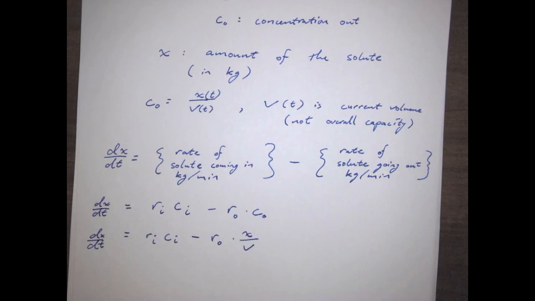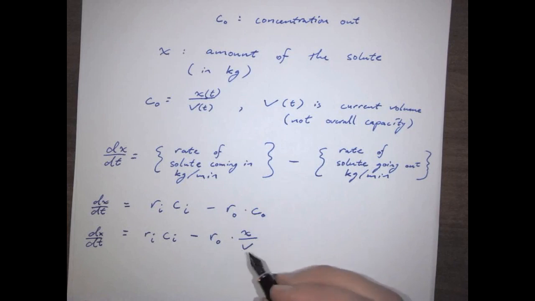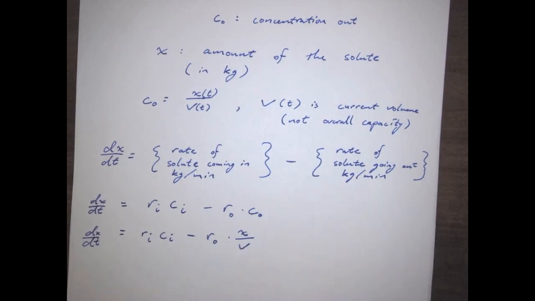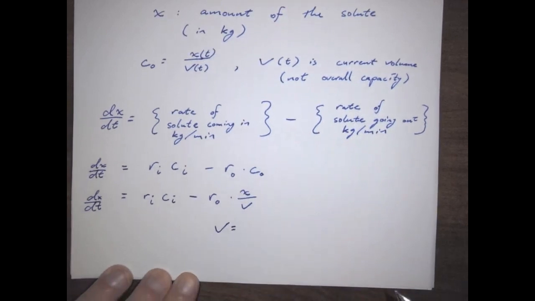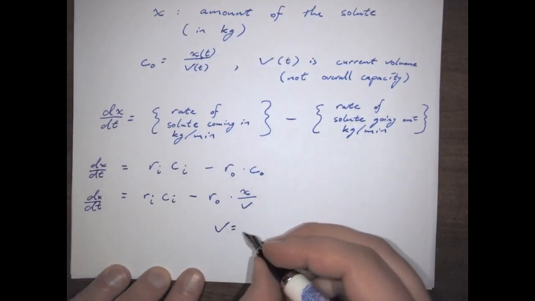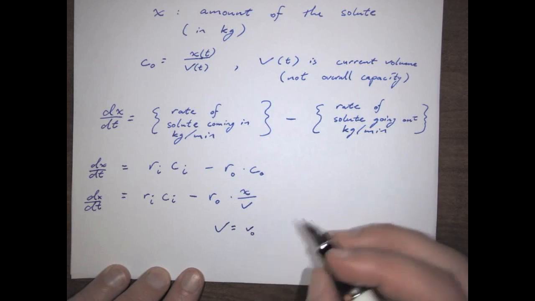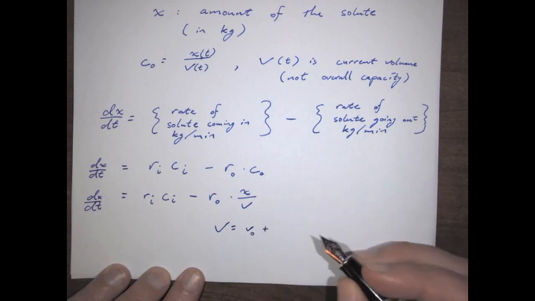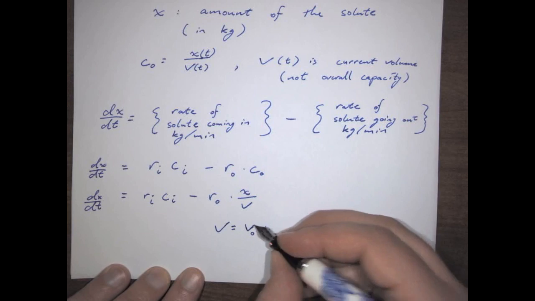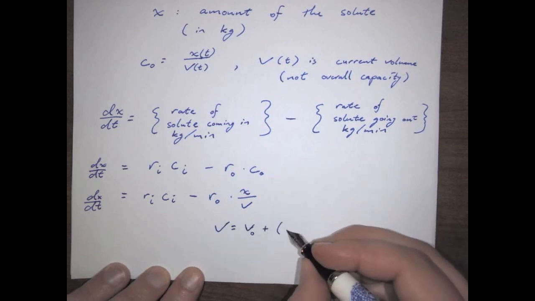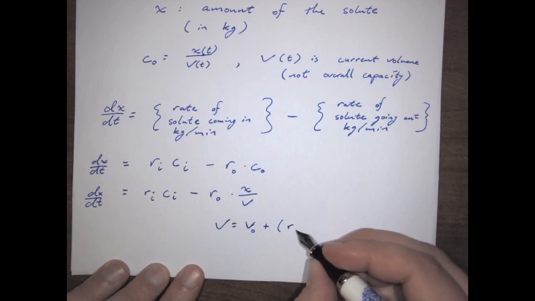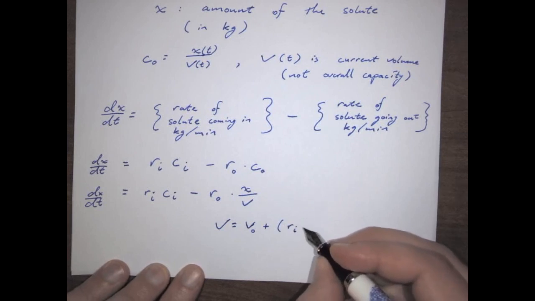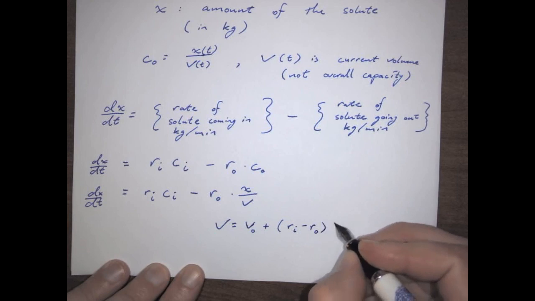And now here, let's unpack the last piece of this that we haven't really dealt with. V is going to equal whatever the initial amount is plus how much faster the tank is flowing for how long it's been flowing. So it's going to be rate in minus rate out times time.